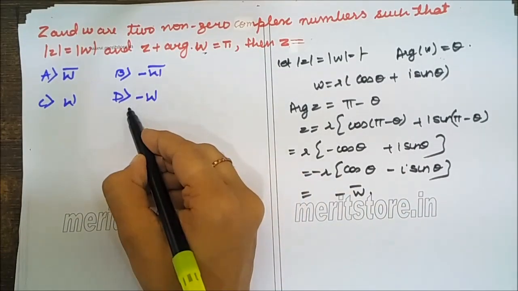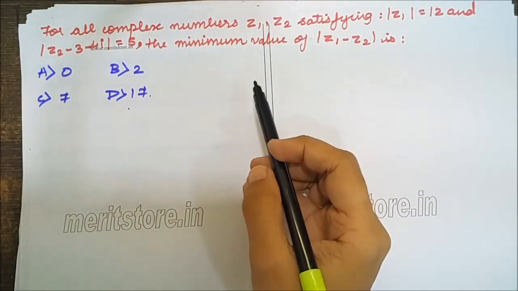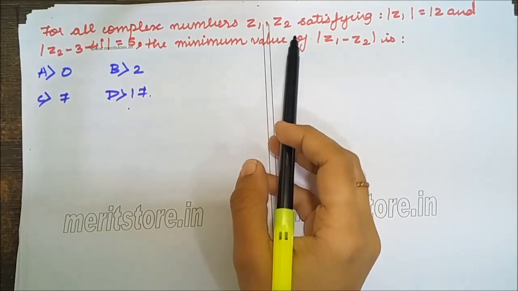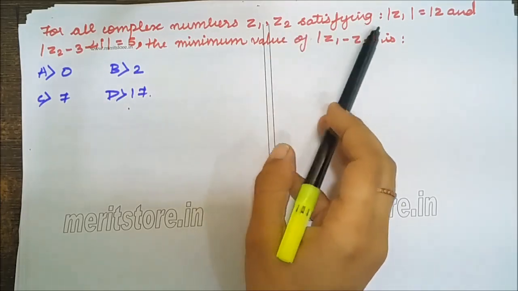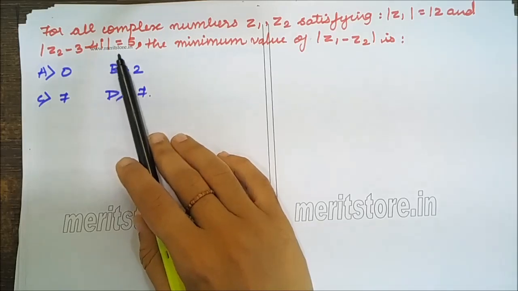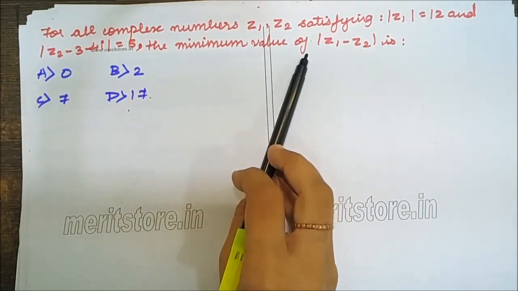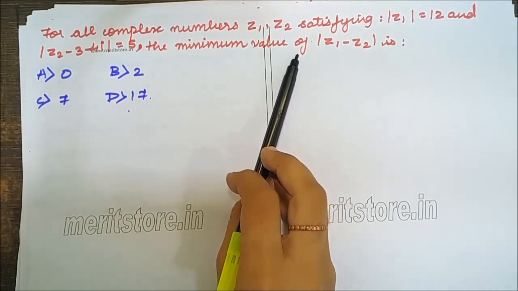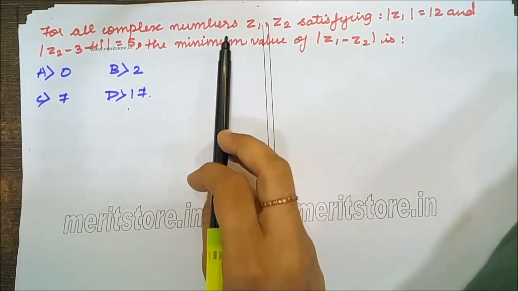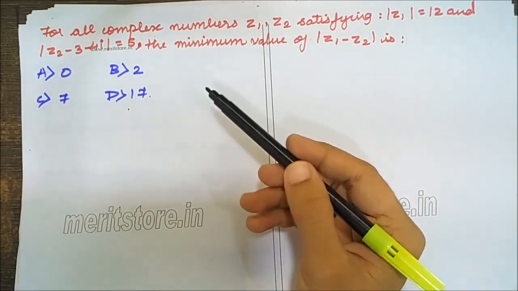The answer is B. For all complex numbers z1, z2, modulus of z1 is equal to 12 and modulus of z2 minus 3 minus 4i is equal to 5. Minimum value of modulus of z1 minus z2 is equal to? So here z1 and z2 are given.